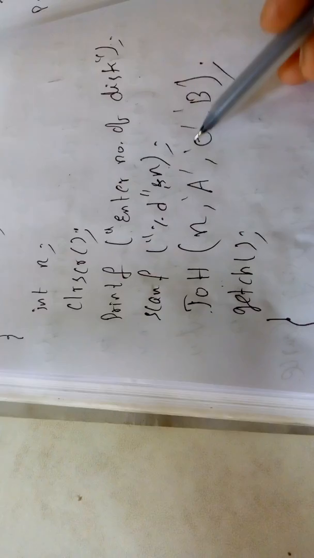We have to enter first how many disks we have to move from source to destination, and that number is stored in variable n. Now call the function. Here we assume the function name as TOH. N is the number of disks. Here A acts as a source, C is a destination, and B is an auxiliary.